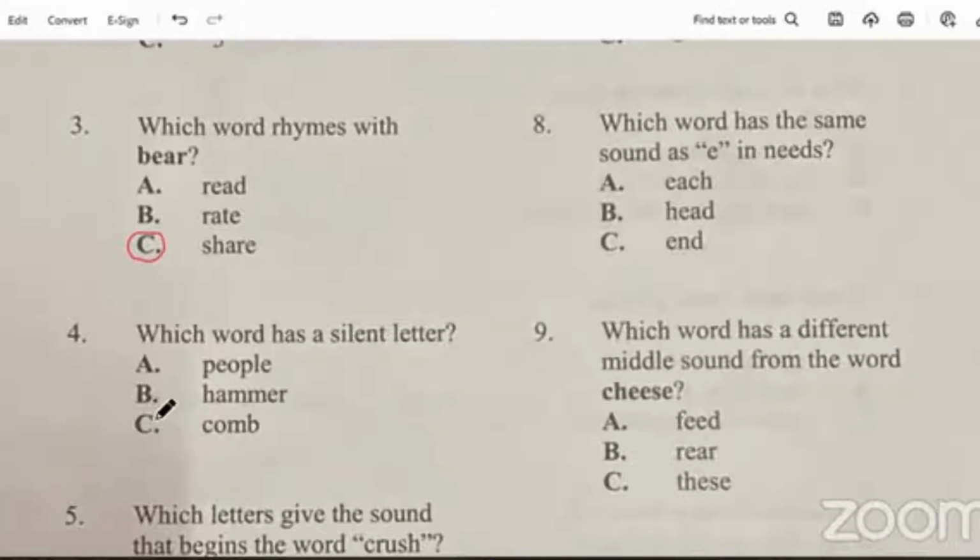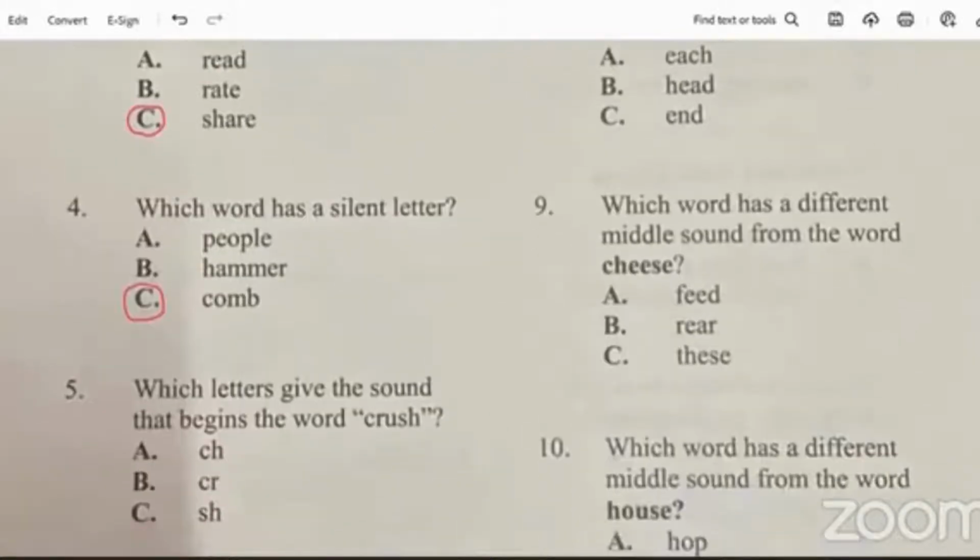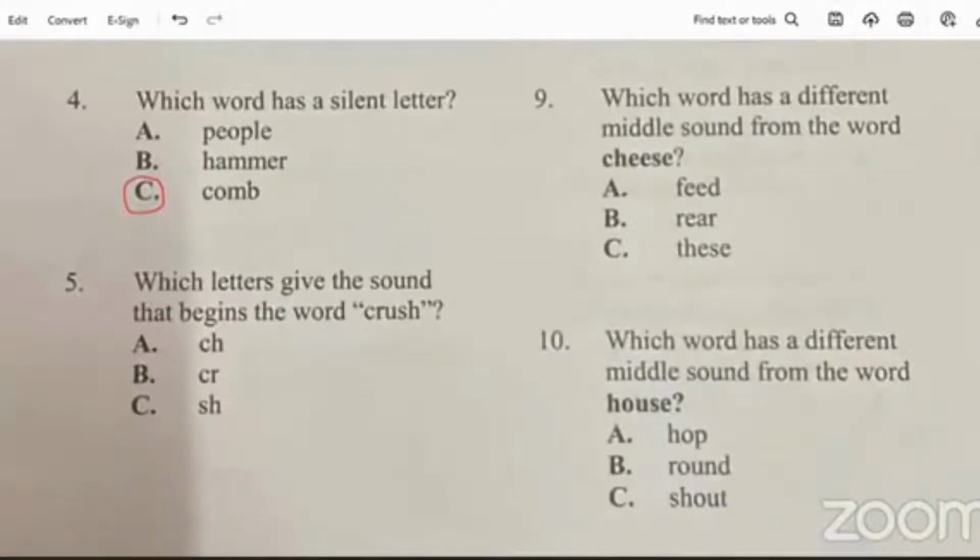That is silent, but of course, the O is also silent in people, and the E at the end is also silent. But I'm thinking this is the one they would want us to identify. The B is silent in the word comb. That's my final answer, comb. C. All right, question 5.